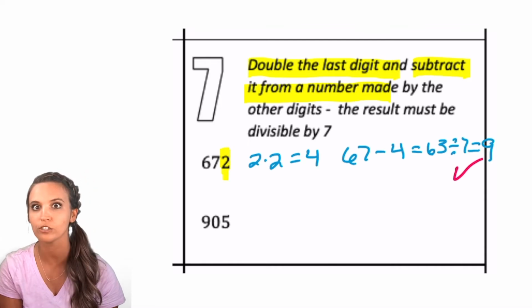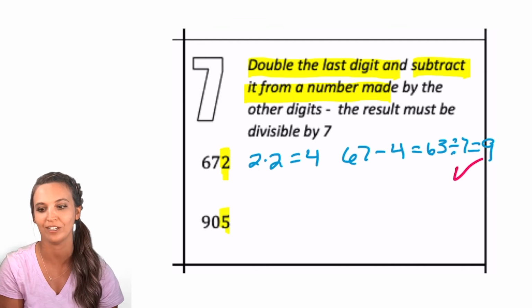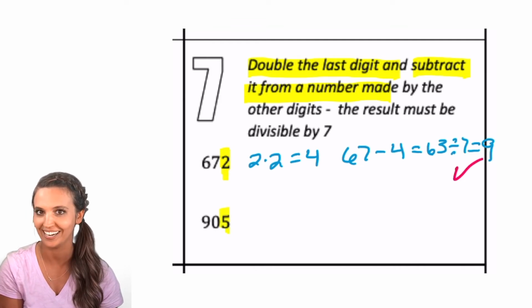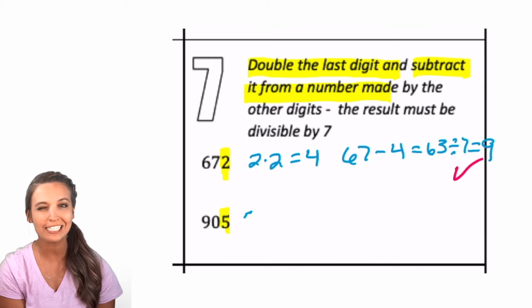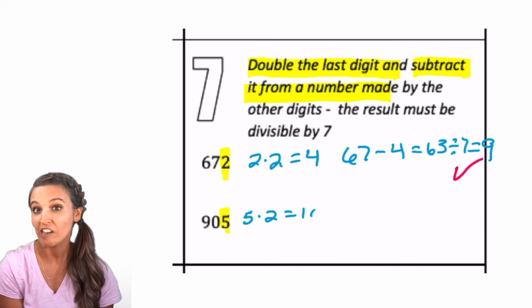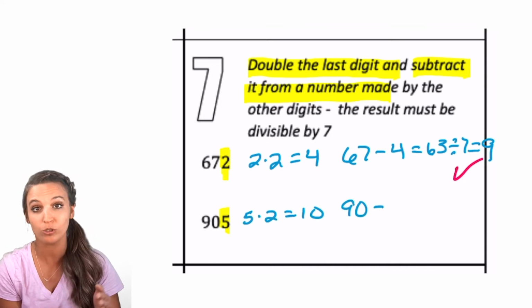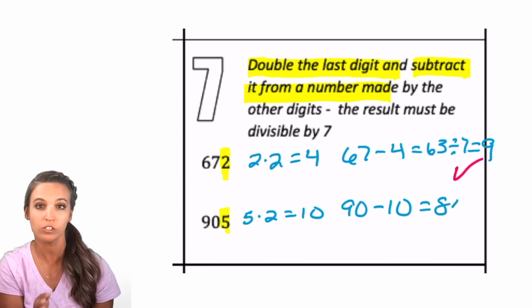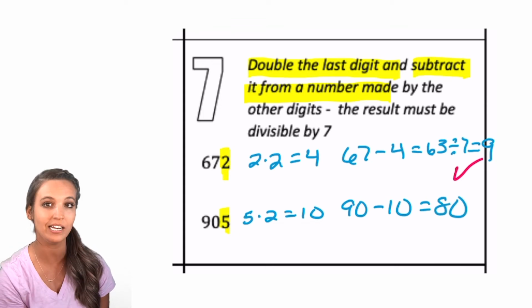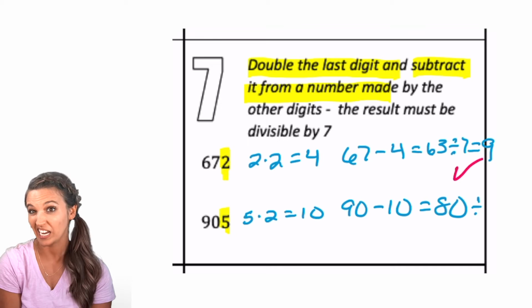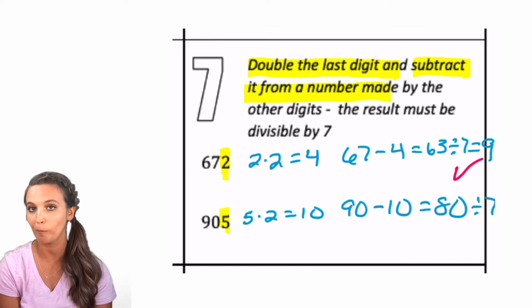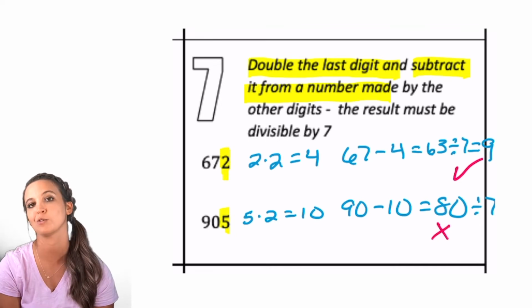So 672 is divisible by 7. Let's try it again. 905, the last digit is 5, so we double 5 and get 10. 90 is the number left over, so 90 minus 10 is 80. Is 80 divisible by 7? Nope. So 905 is not divisible by 7.